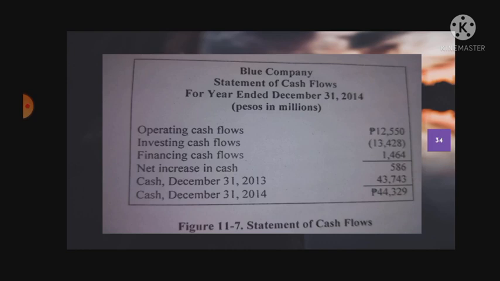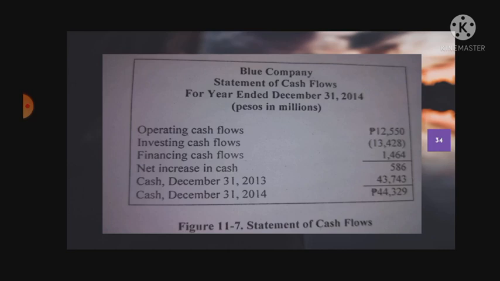So, examples of cash flows from operating activities. Cash receipts from sale of goods and rendering of services. Cash receipts from royalties, rental fees, commissions, and other revenue. Cash payments to suppliers for goods and services.